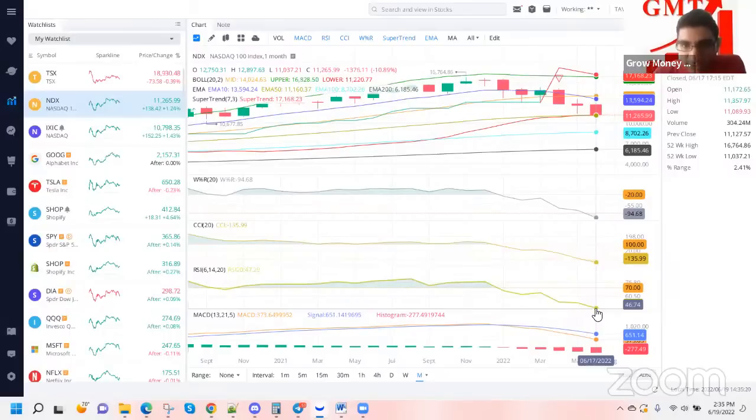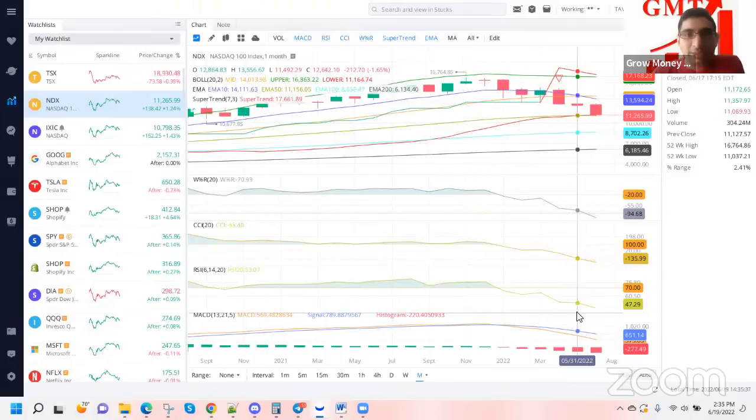Although RSI is not completely oversold, CCI and Williams are for sure on the monthly chart. And MACD has not given a reversal signal. It's still downward. So for those looking to invest or take long positional trades, at least looking at the monthly chart, you could still wait for the end of this month to get a confirmation of reversal.